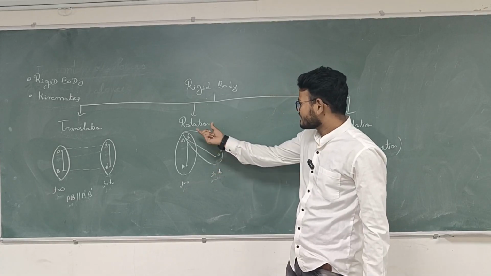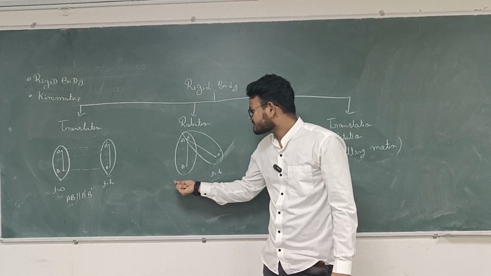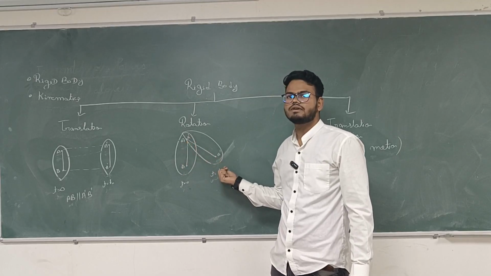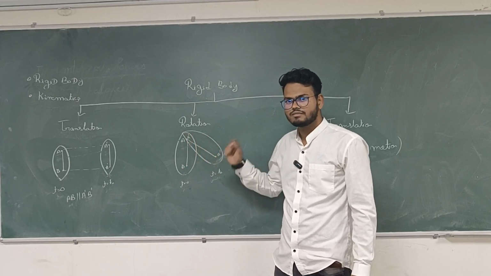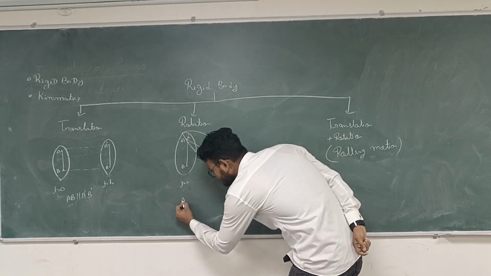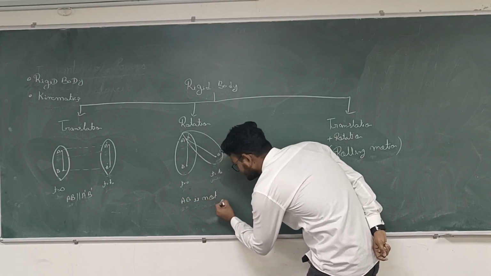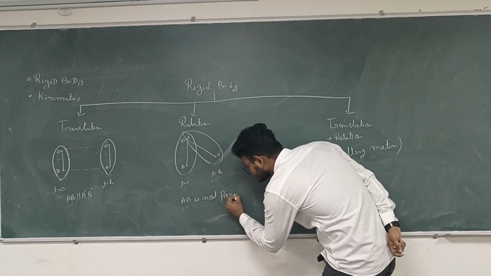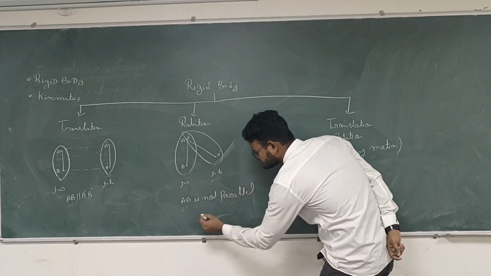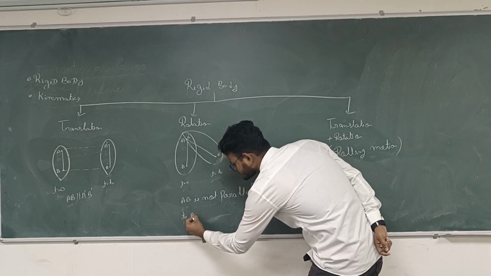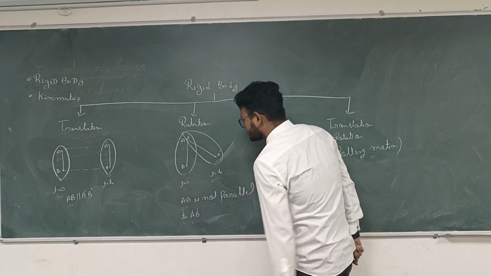So here AB is not parallel to A dash B dash.